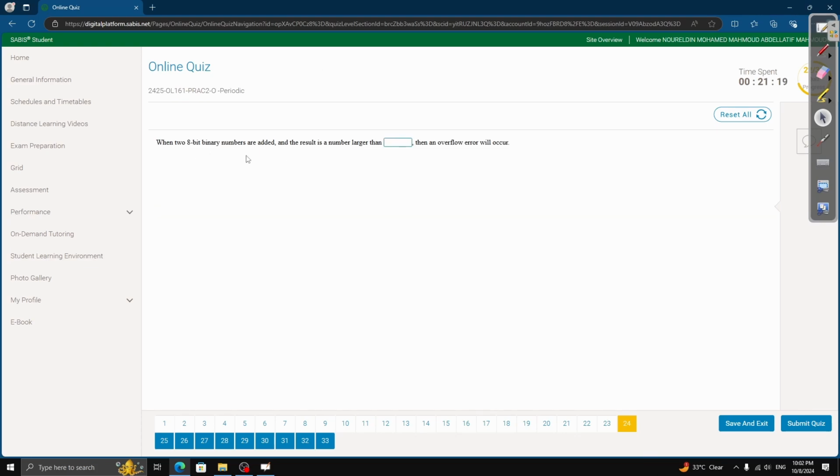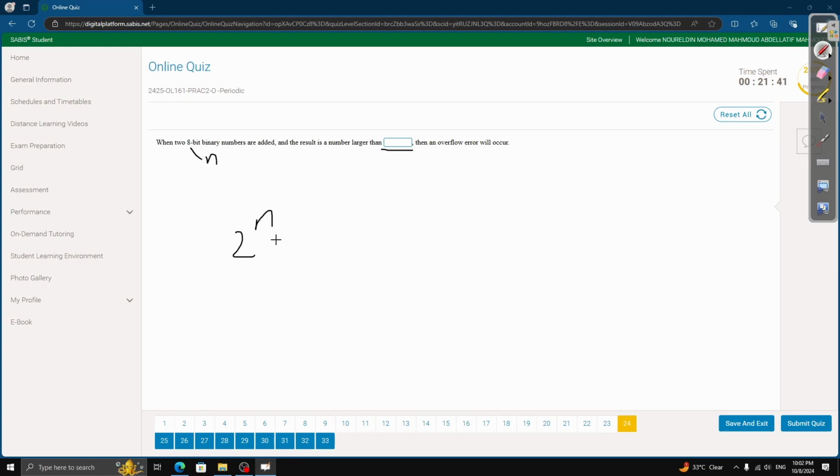When two 8-bit binary numbers are added and the result is larger than what? To find what goes in here, you can either just memorize it as 255, or you can find it via math. To find what the number must be larger than, take whatever is here. Let's say this is n.